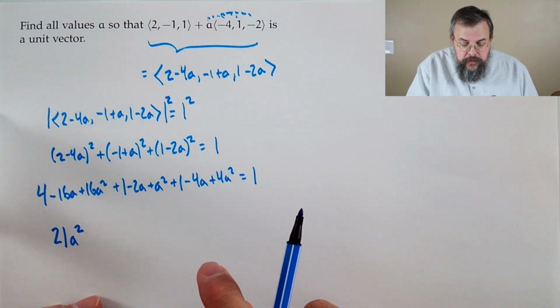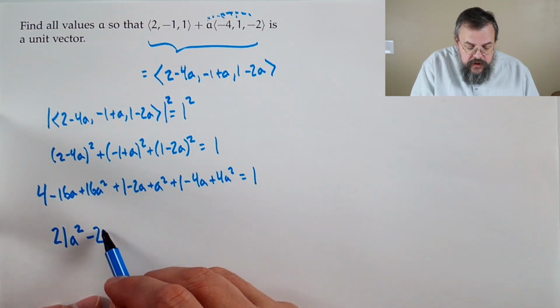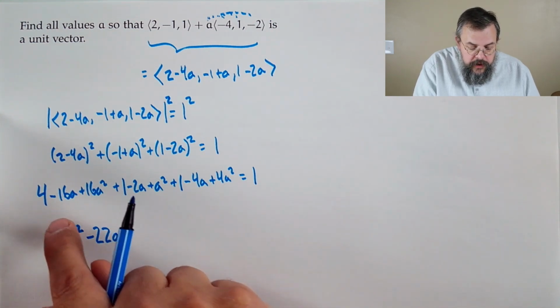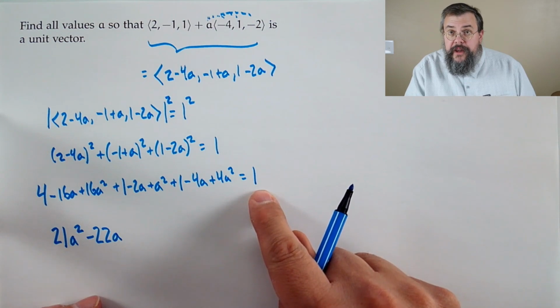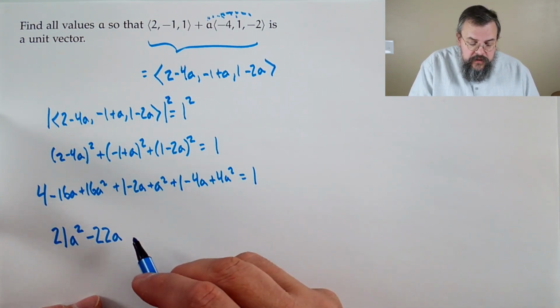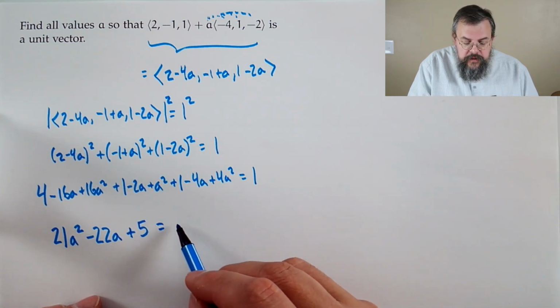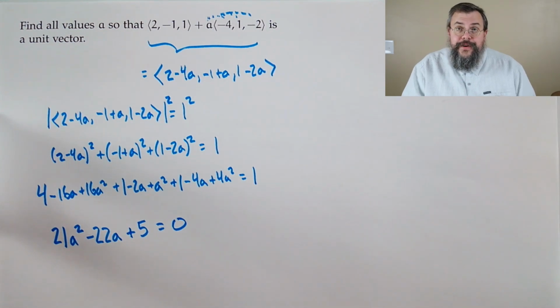That would give us minus 22a. Then for our constants, we have a 4, 1, and a 1. That's 6. But then we have to take this 1 into account. When we put it over, it's going to be subtracting 1. So that leaves us with 5. So that equals 0. All right, so there we go.